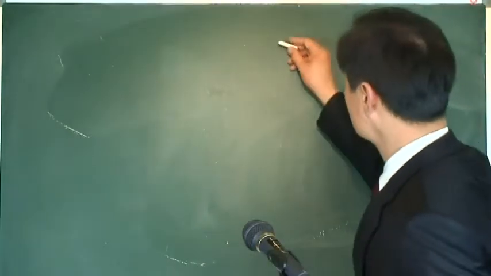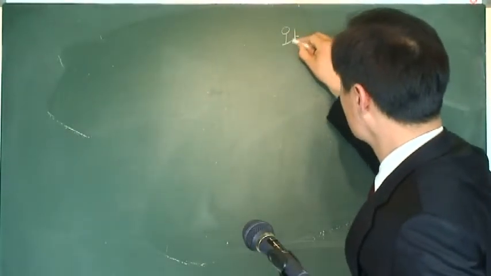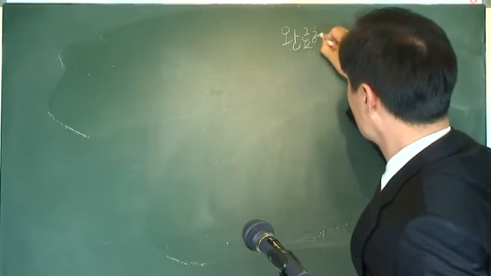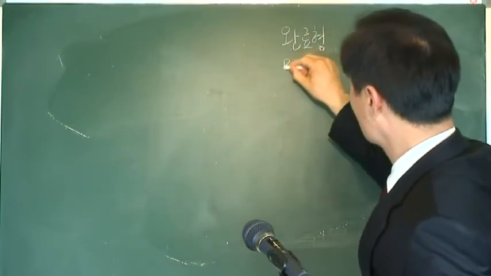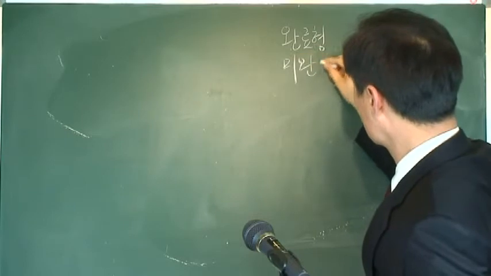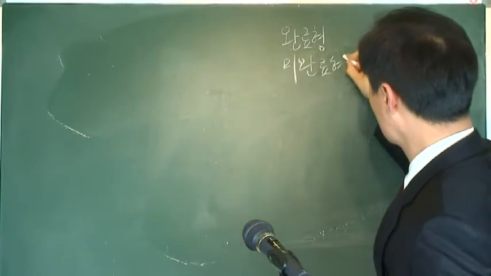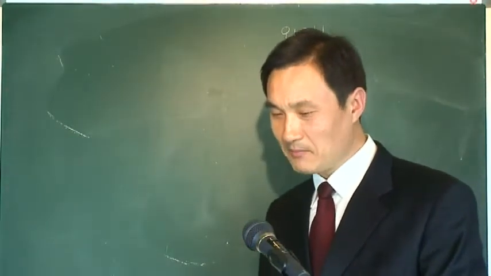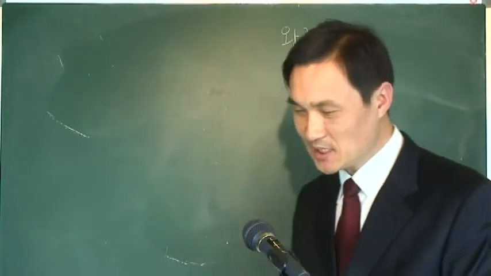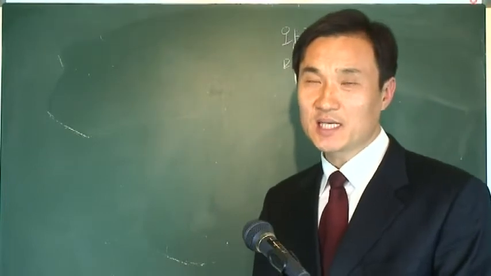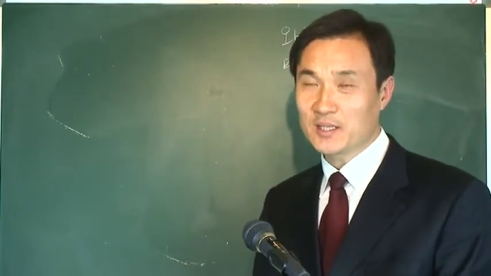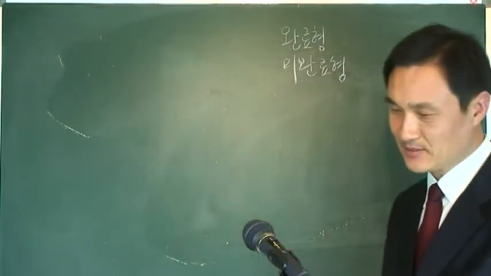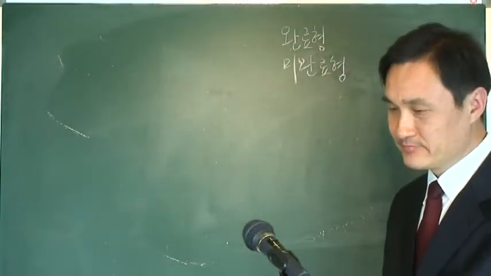They are the perfect form and the imperfect form. The perfect form indicates the completion of an action at a certain point of time in the past, present, or future.